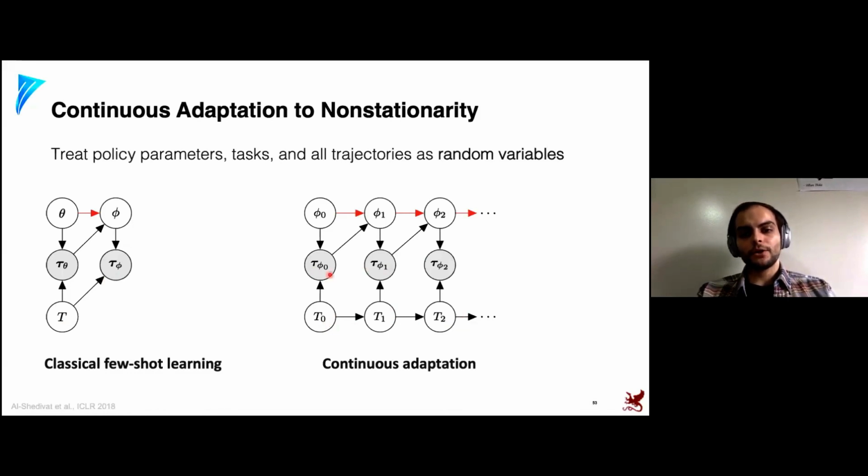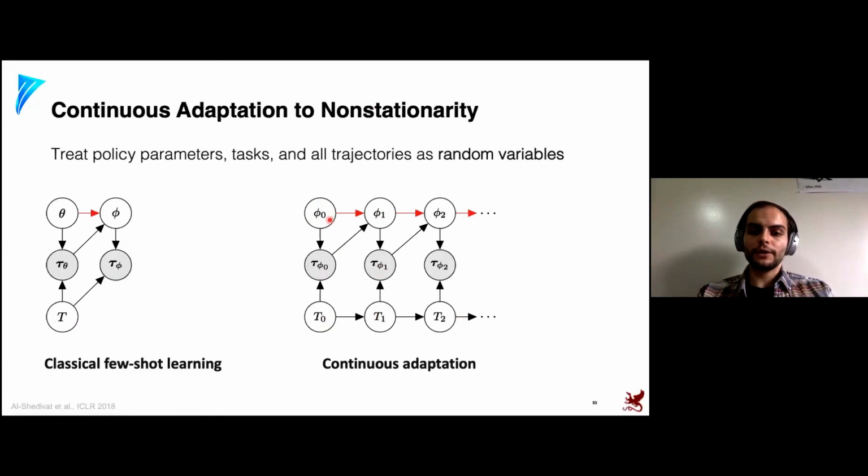Okay, so let's say we start with some initial parameters, we're going to interact with the first task, but then the parameters for the next task will have to produce trajectories that are coming from, let's say, a different opponent or a different situation that drifted from the original one.